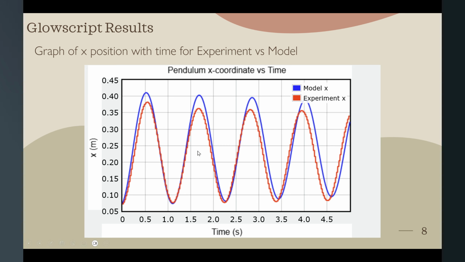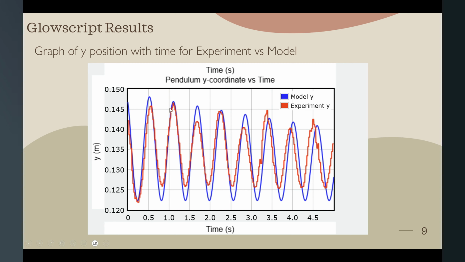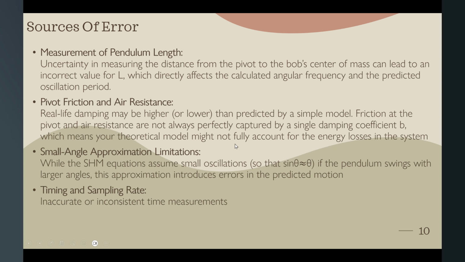Similarly with y, again here it looks pretty sporadic and erratic, and that's again because of interactions with the air, damping, friction, and also I think there's a bit of experimental error here as well. Maybe we didn't define the tracker initially correctly, or something messed up the y values.